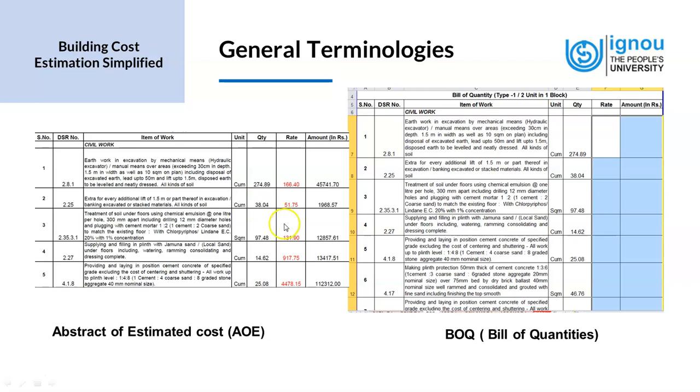So in this we have the abstract of estimated cost and the bill of quantities example. You see that we have left the rate and amount blank. So the bill of quantities is just about the quantities, and the hard cost of the project is calculated in the abstract of estimated cost.